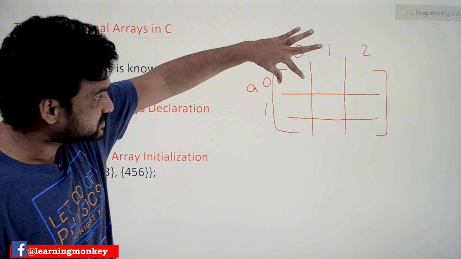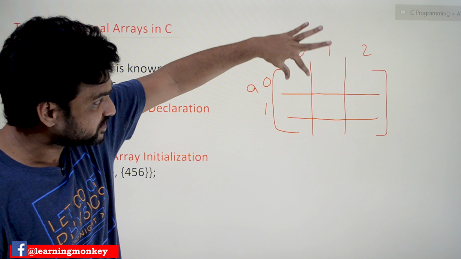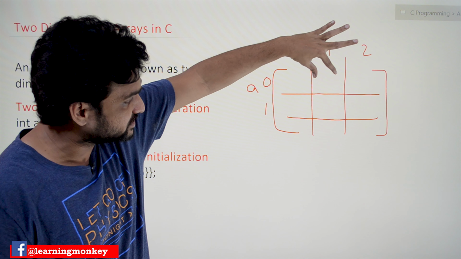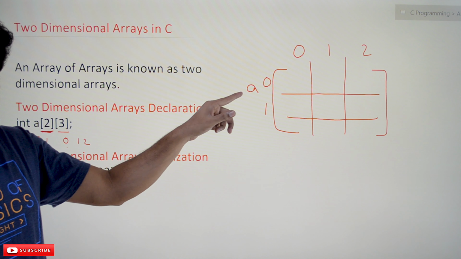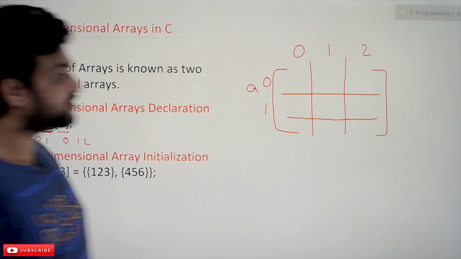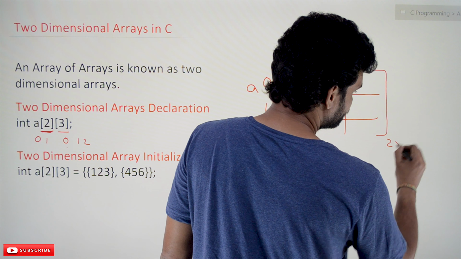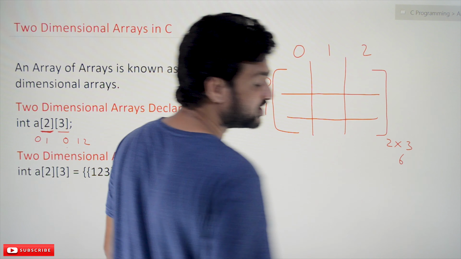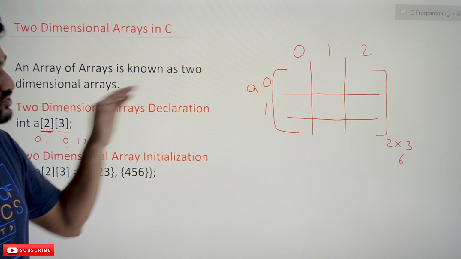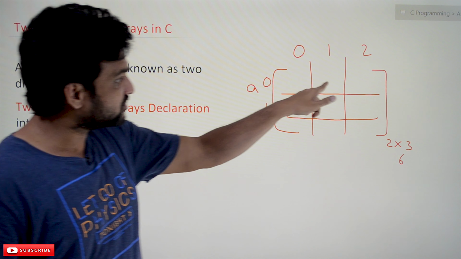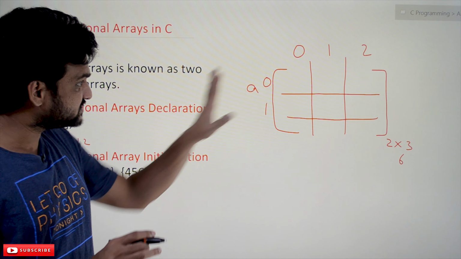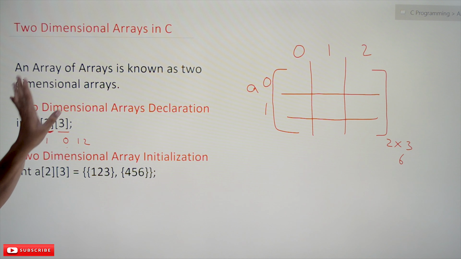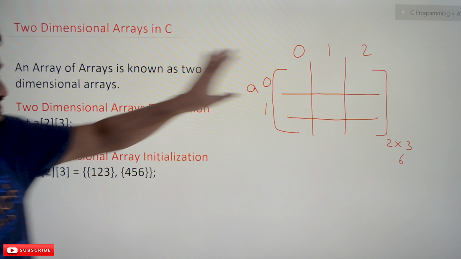Each box is what we call an element. Here we have the first element, second, third, fourth, fifth, and sixth element. With a matrix of 2 by 3, the number of possible values is 6, as we have 2 rows and 3 columns. With this declaration we can visualize the concept in this way.